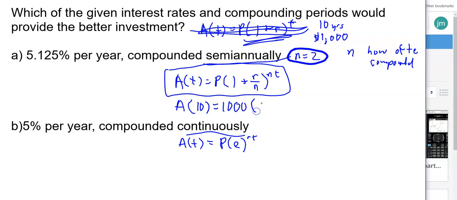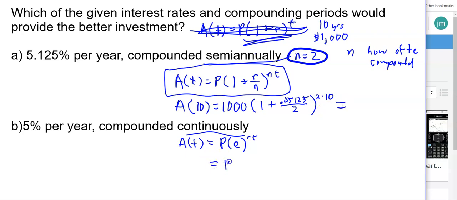We're doing those, by the way. 1 plus the rate is 0.05125 over n, which is 2. It's compounded twice a year, to the power of 2 times 10, which is nt. You can type that in your calculator, get an answer. We'll do that in a second.